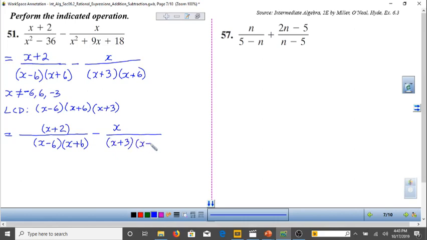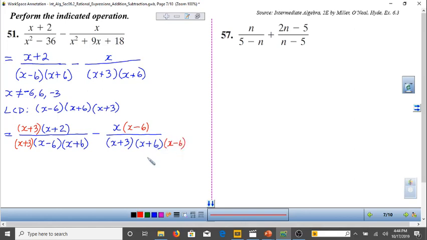So for this first fraction here, since we need an x plus 3, I'm going to multiply x plus 3 to the numerator and the denominator. And for this next fraction, we need an x minus 6 to get the denominators to be the same as the least common multiple of the denominators, the LCD. So I'm multiplying both sides, numerator and denominator, by x minus 6.